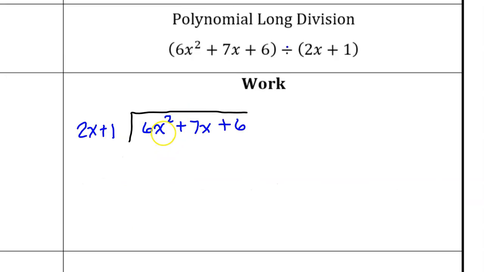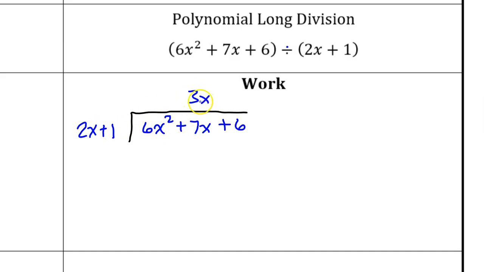The same process works for polynomials. If I want to divide this trinomial by this binomial, I set it up like this. I first look at the 2x and the 6x squared. Then I ask myself, 6x squared divided by 2x is what? Well, that would be 3x.